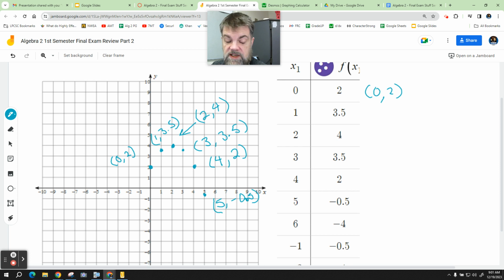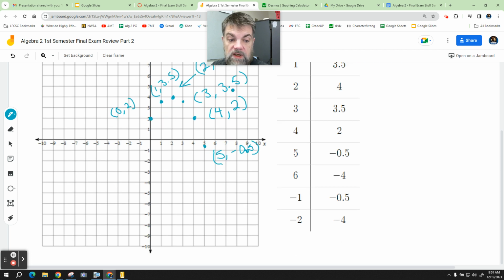And then 6, negative 4. So if I go to 6, I got to go down here to negative 4. And then if I go to negative 1, so remember there's a line of symmetry here at x equals, not negative 2, positive 2.